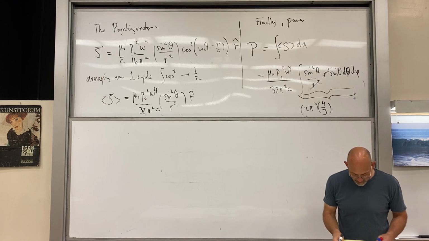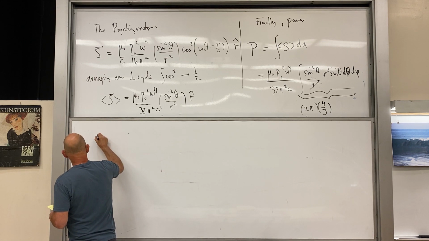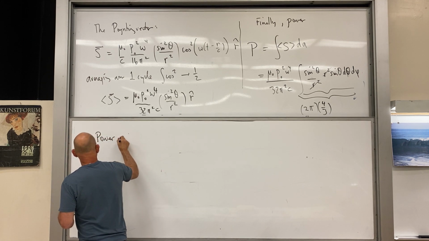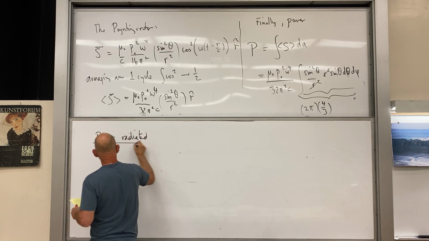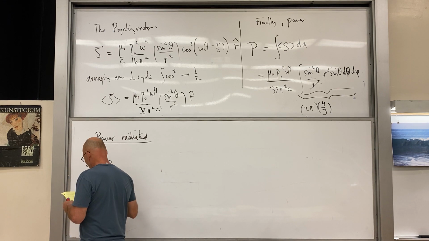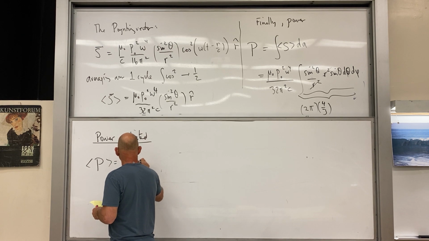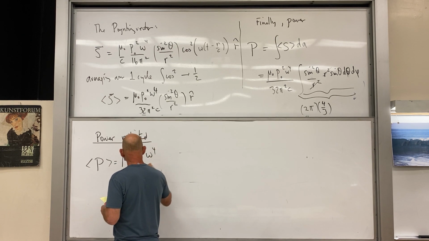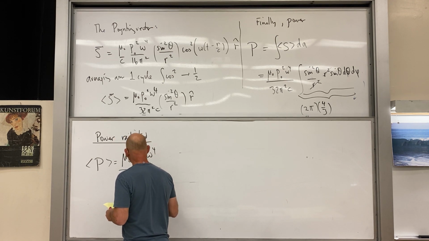So I'm going to leave us with the power radiated. When all is said and done, that's the total power radiated, averaged over a cycle: mu naught p naught squared omega to the fourth over 12 pi times c.